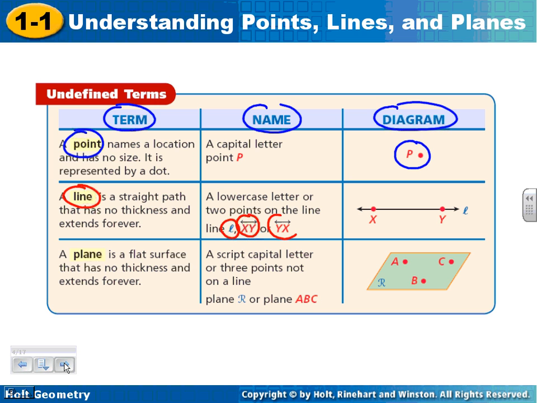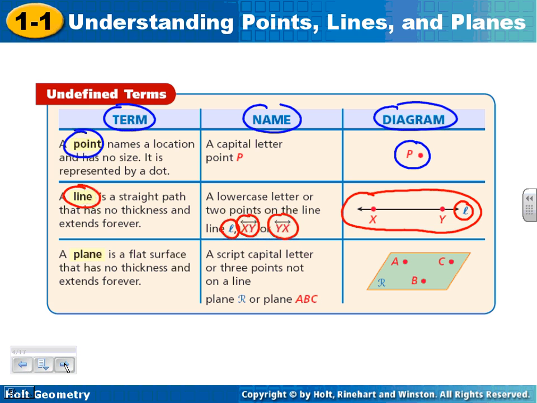We can also reverse those 2 letters and say YX, again with the arrows or the line above it. And this right here is a diagram of a line. Notice that point X and point Y are on the line. And notice this little scripted L off to the side also names the line. So we got point, we got line.